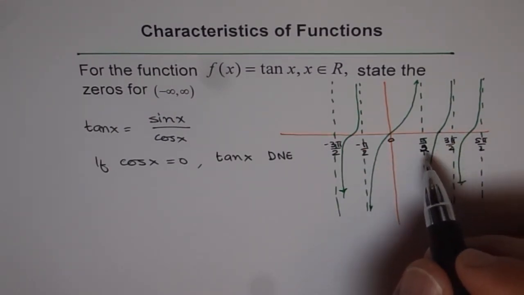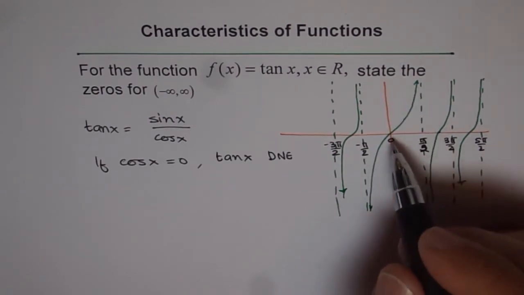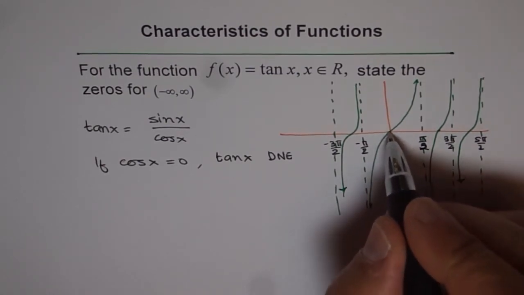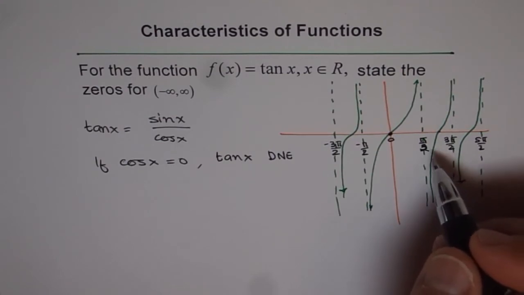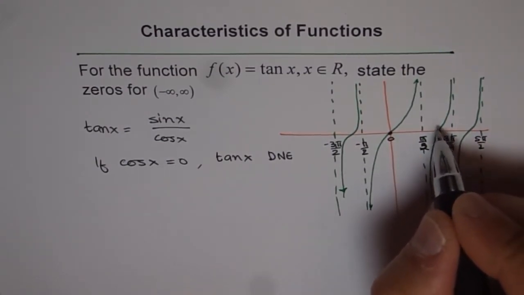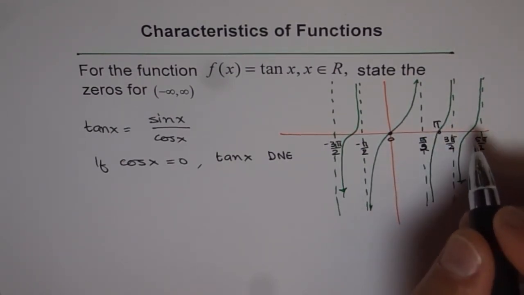So basically what we have here is the tan function, which we see is increasing, and it has some zeros. Zeros are these points where it intersects the x-axis. And you'll find that the zeros are at 0, and then next at pi, between pi by 2 and 3 pi by 2, right? And then at 2 pi.